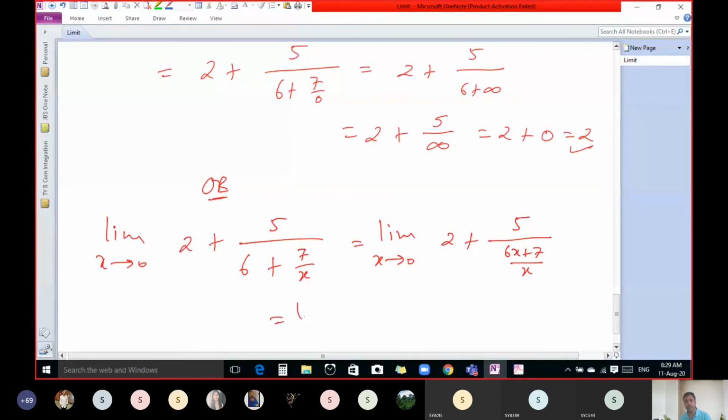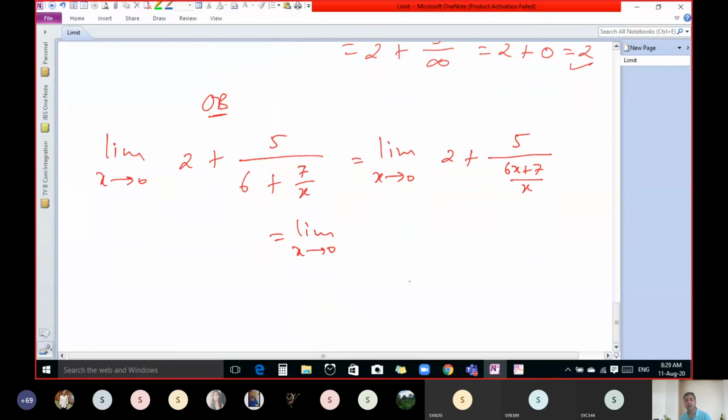So here we get limit x tends to 0, 2 plus 5x upon 6x plus 7. And you can do one more thing: take 6x plus 7 as LCM.